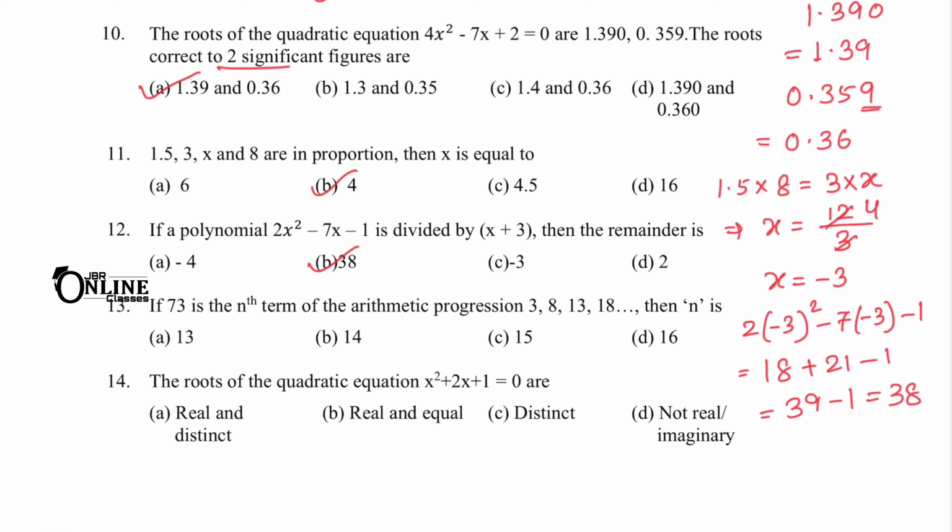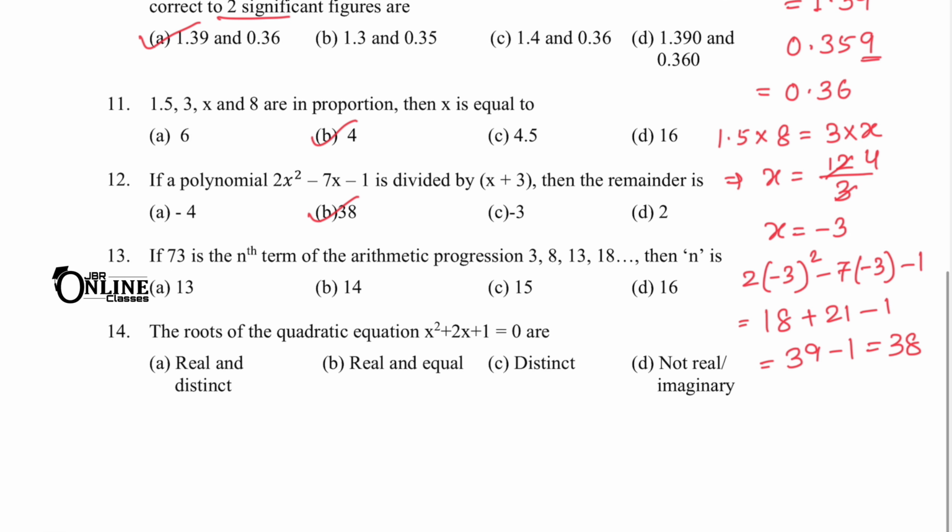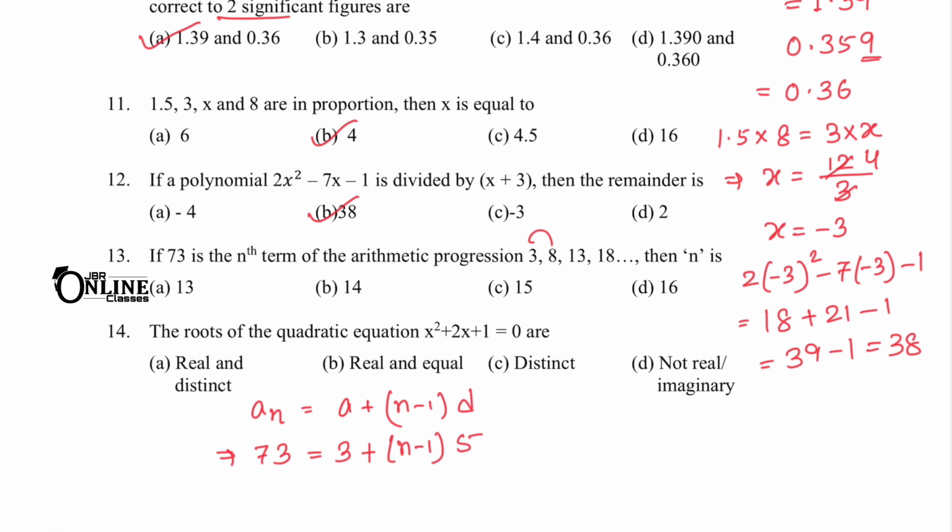Now next one, sum number 13. If 73 is the nth term of the arithmetic progression 3, 8, 13, 18, then n is. As you know, an equals a plus n minus 1 into d. So 73 is the nth term, a means the first term, it's 3, and n minus 1, and d means 8 minus 3, that equals 5.